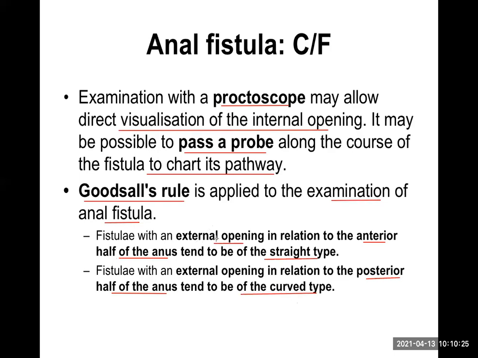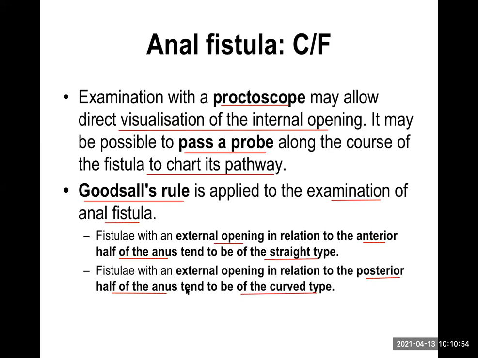Now we are examining the external opening. If the external opening is seen anterior to the anal opening, then the internal opening of that fistula tract is somewhat straight to that. Means the total tract tends to be a straight type. It is not a complicated type.